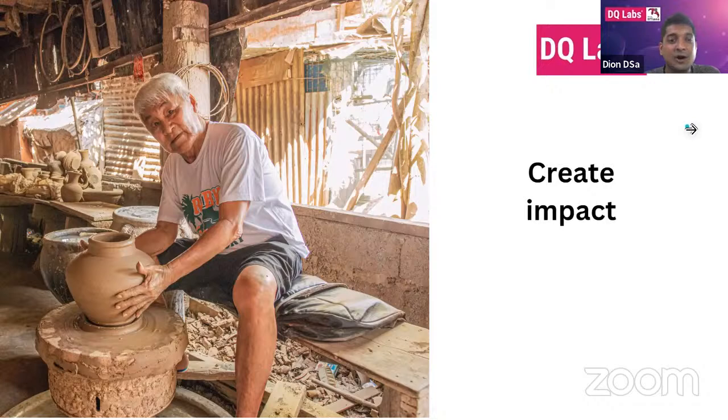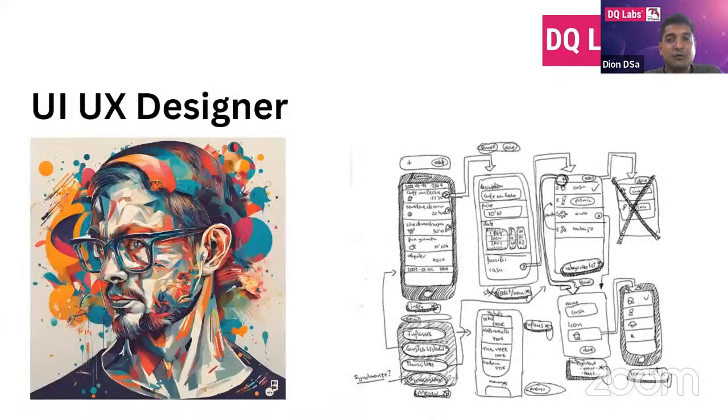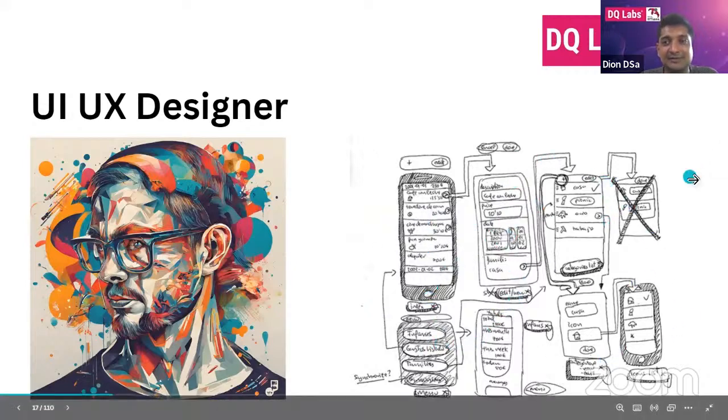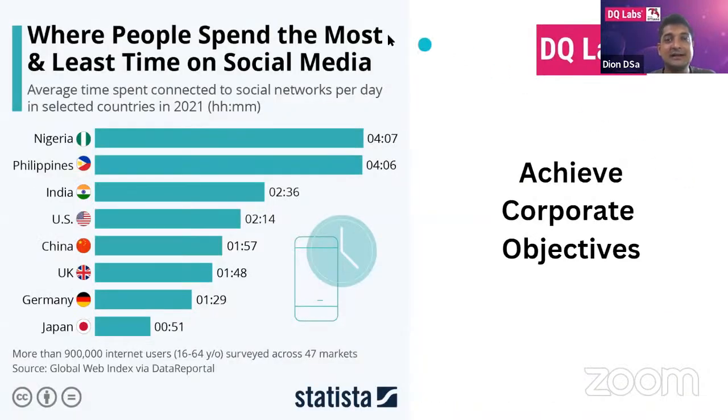On the other hand, we have UI UX designers who probably design experiences where you go from one flowchart to the next and come up with a solution, right? Now, the quality of the solution depends on how hooked on we are to those apps. Are we spending more time on social media?